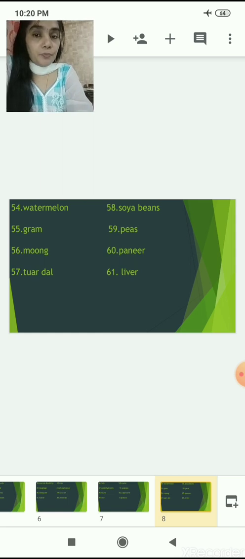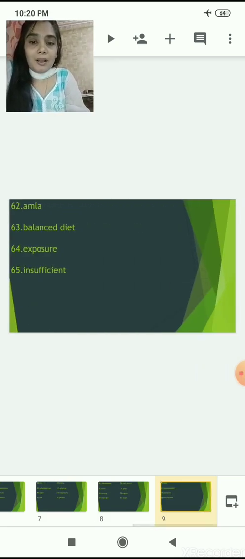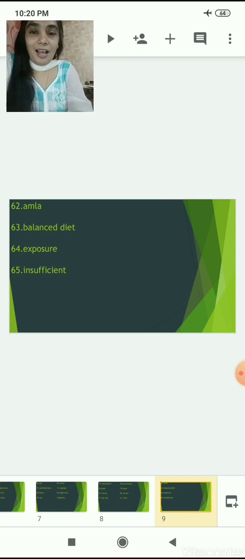Once more, children: watermelon, gram, moong, tuvar dal, soya bean, peas, paneer, liver. I think this is the last slide.